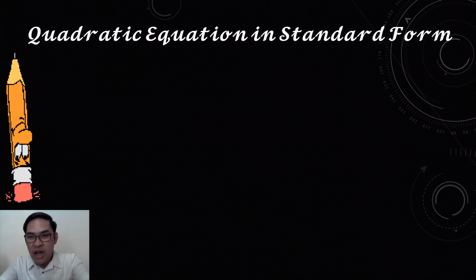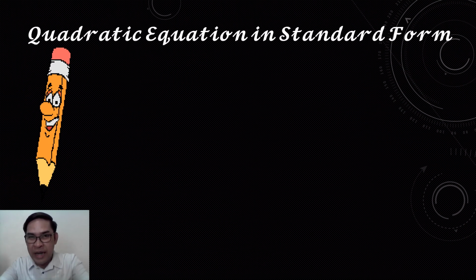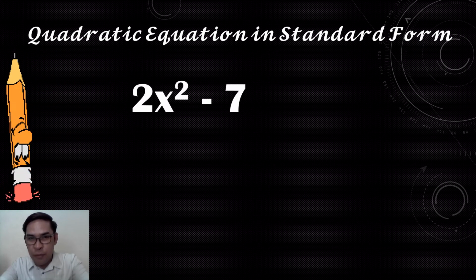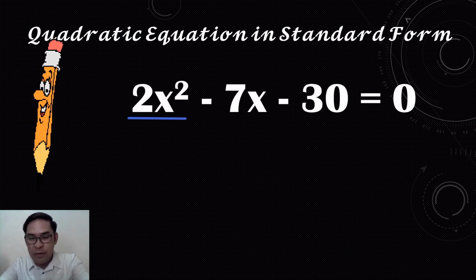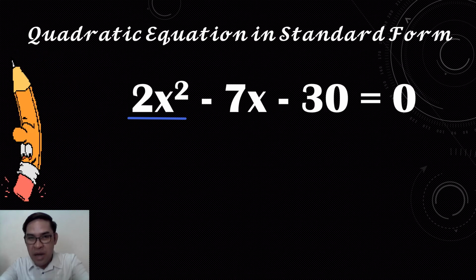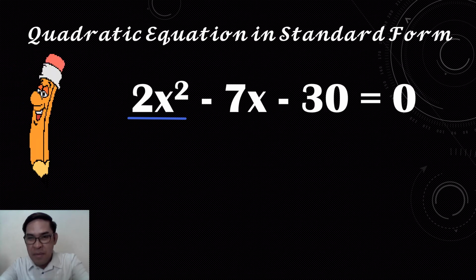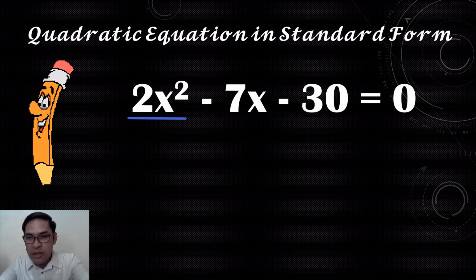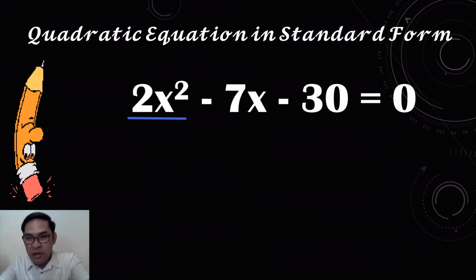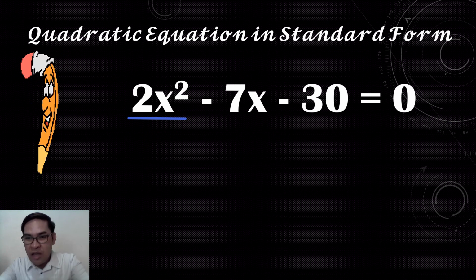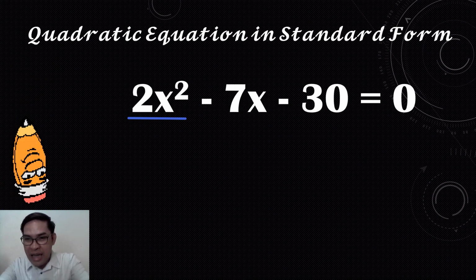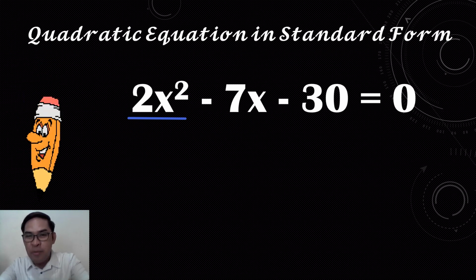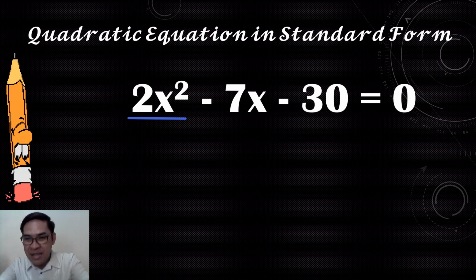Let me give you another example of a quadratic equation in standard form. We have 2x squared minus 7x minus 30 is equal to 0. As you can notice, all the variables have a numerical coefficient, so we can definitely identify the values of a, b, and c.